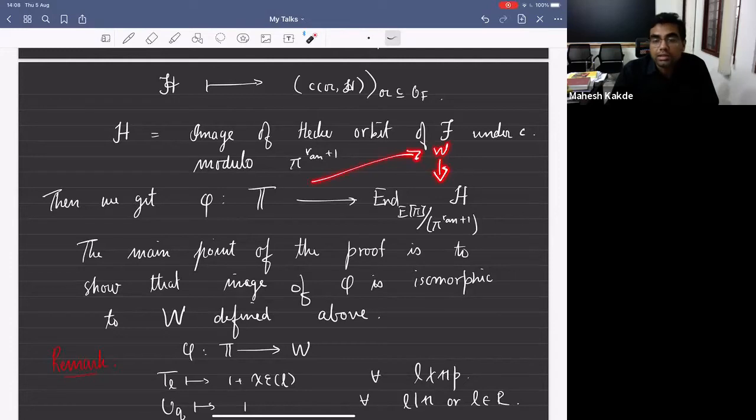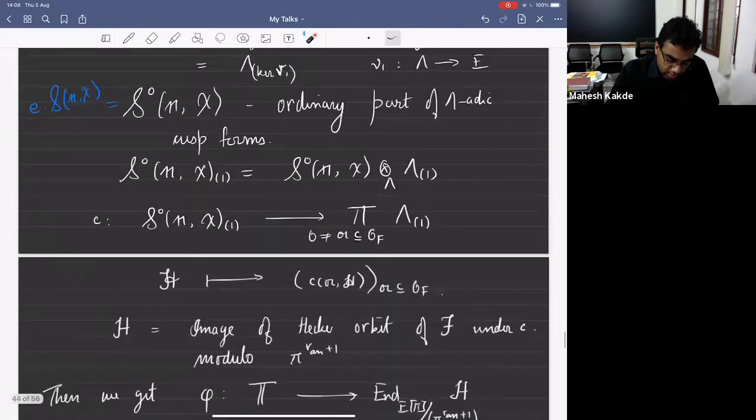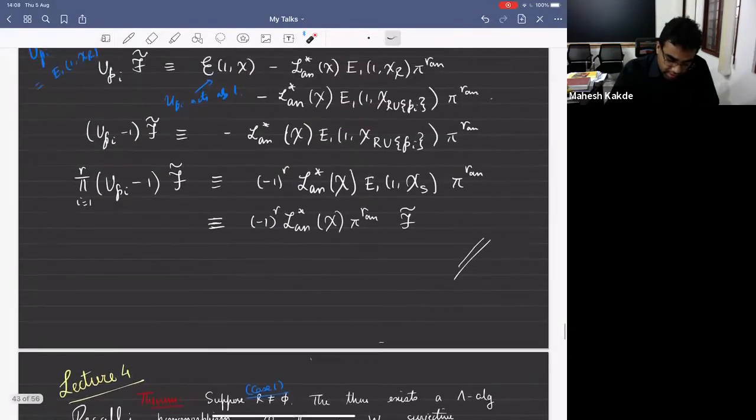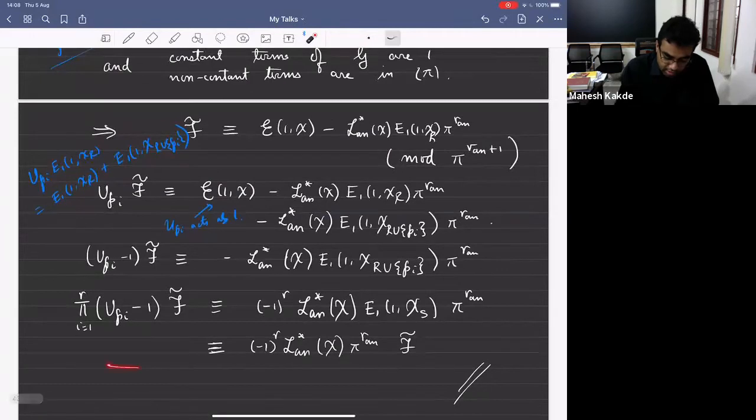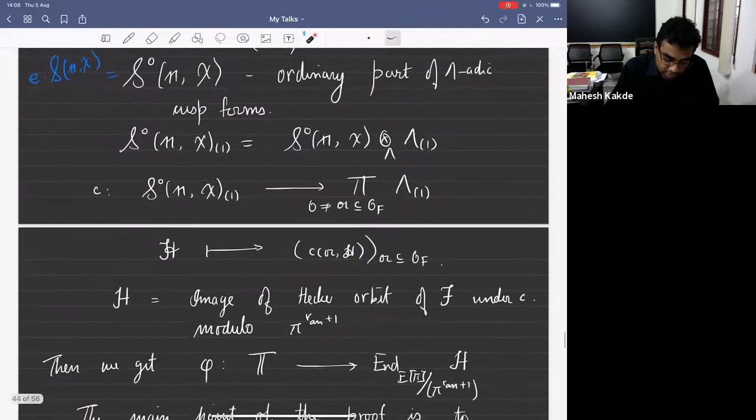through something like this. Okay, so that's why you have to show these relationships that I had on the last slide last time. So that's how the theorem is proved.